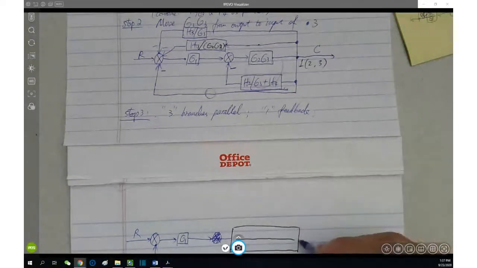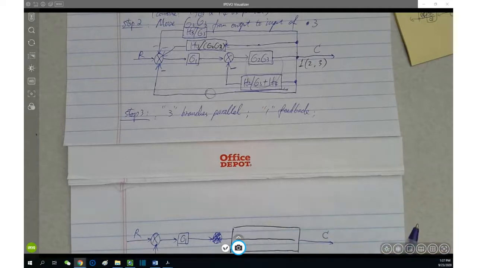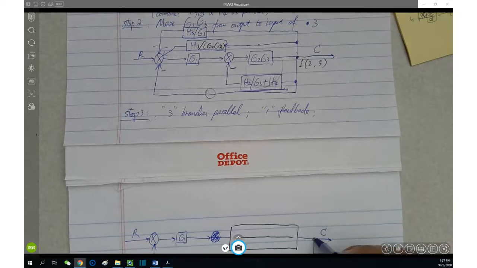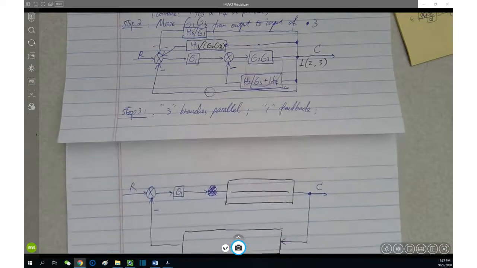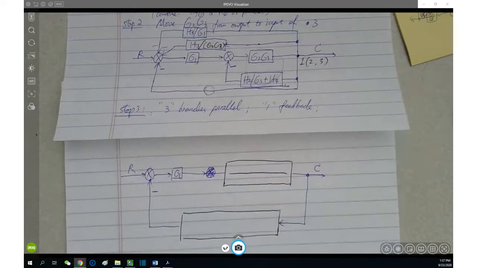You guys just go ahead, write this answer. Does it make sense? This is the resulted block diagram after you combine 3 parallel and 1 feedback.